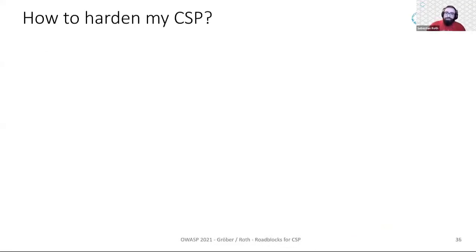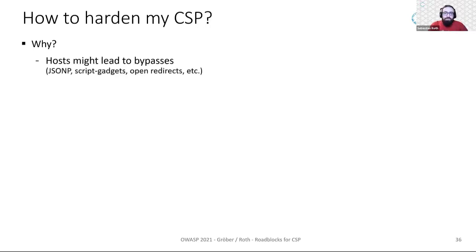But for those of you that already deployed a sane CSP, we want to encourage you to take the next step, hardening your policy. But why is this actually necessary? Many of you know from other CSP talks or blog posts that there is a plethora of ways how you can bypass a host-based list, because one of the hosts you allowed has JSONP endpoints.